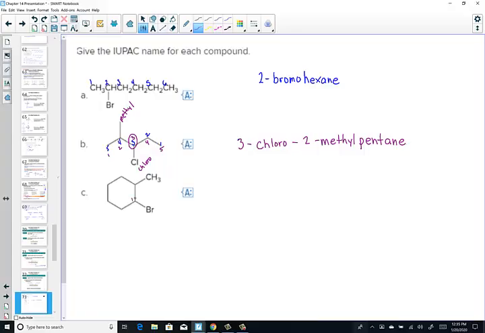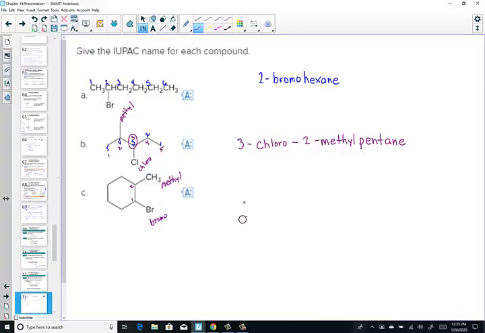The priority goes to the halogen in that 6-membered ring. So I'm going to tell you that at carbon 2 we have a methyl, and at carbon 1 there is a bromo. So when I'm naming that, I automatically know that at carbon 1 we have a bromo, right?